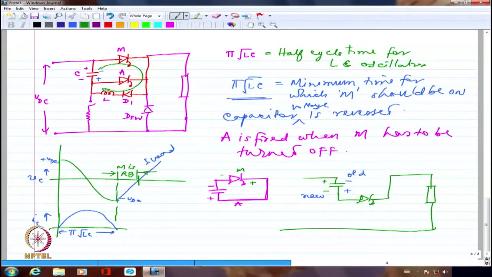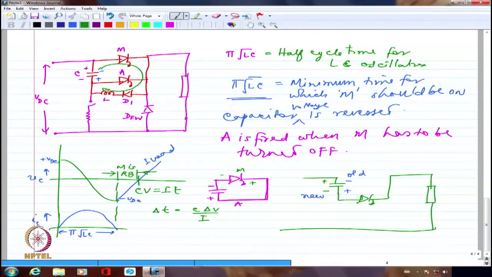Right? This is clearly governed by the equation CV equal to IT. So I can say T equal to C times delta V divided by I. What is delta V? Delta V will go from, if I say minus VDC, from minus VDC it will go to 0.